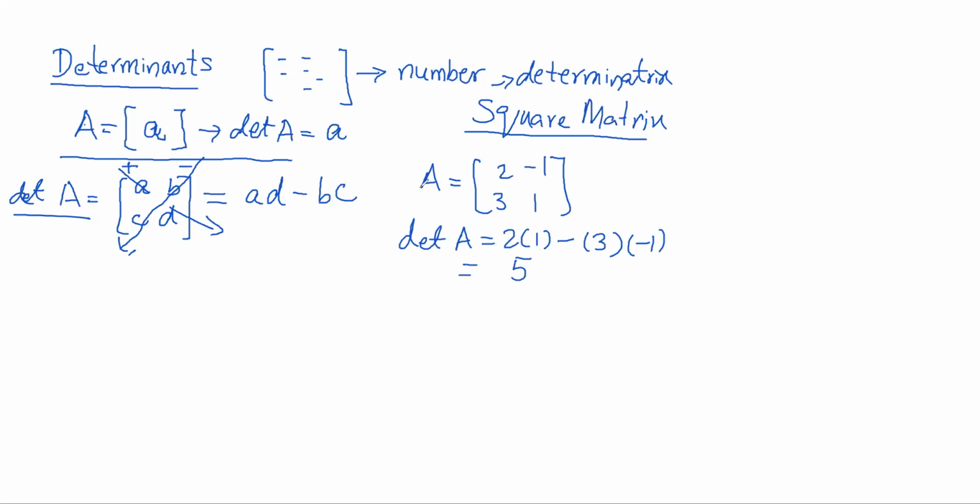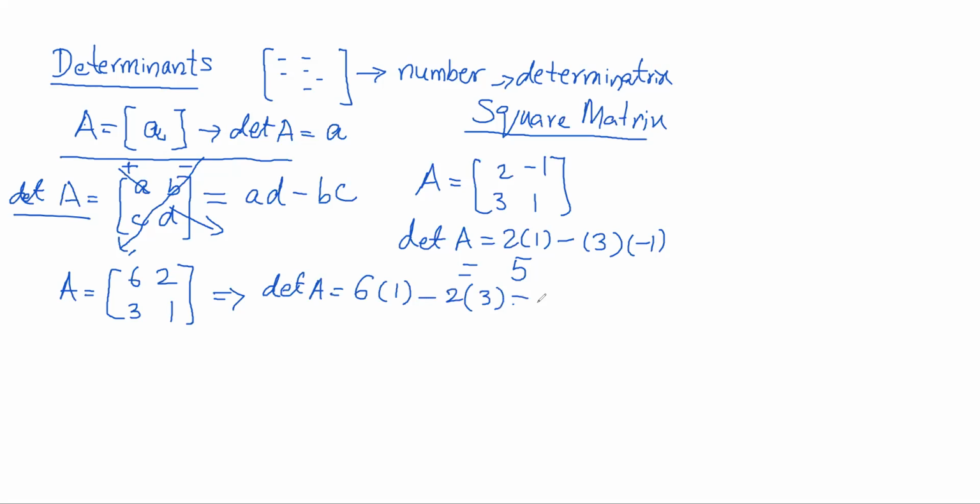Okay, so the determinant of A will be 5. And if we have a matrix like 6, 2, 3, 1, its determinant will be 6 times 1 minus 2 times 3, so it will be 0.